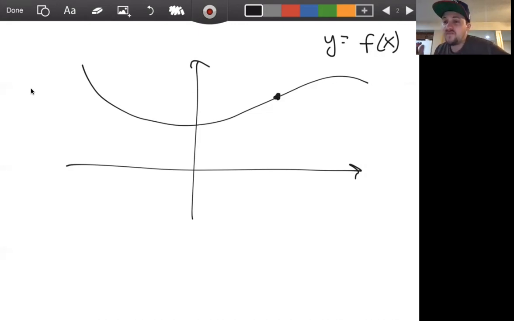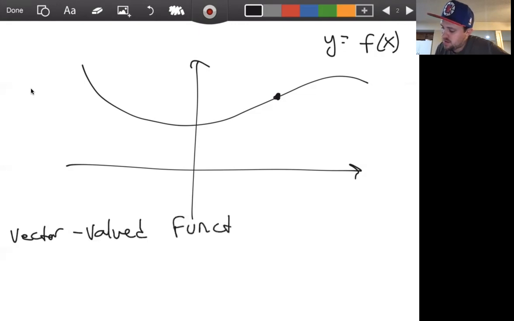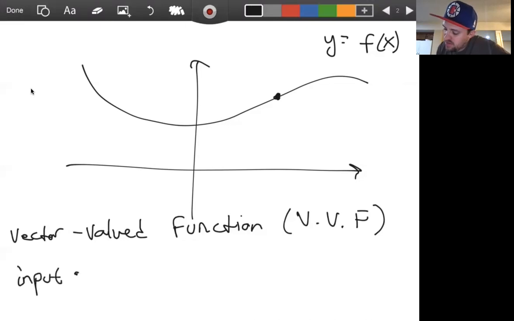And so now for a vector valued function, which I'd like to start abbreviating by VVF to save myself some space and time, the input is going to be our parameter, however this curve has been parameterized.